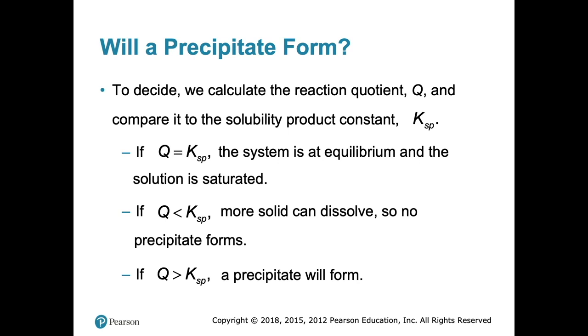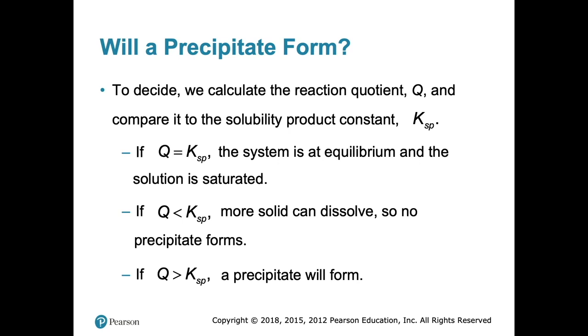So those are the things I need you to remember from this slide. Q equals Ksp means you have a saturated solution. The system is at equilibrium, and that is true of Q equals Ksp, Q equals Kp, Q equals Kc, Q equals Ka, and Q equals Kb.